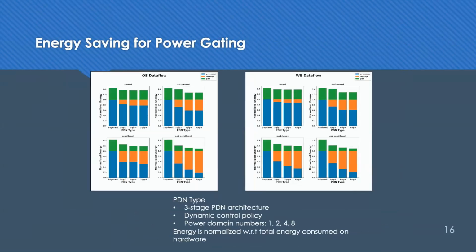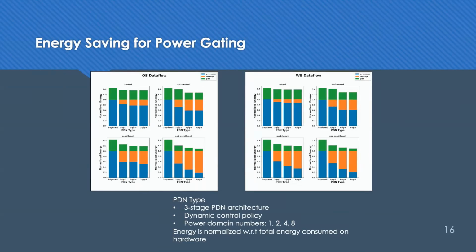Next, we evaluate the additional energy savings brought by power gating. The energy dissipations are normalized with respect to the maximum energy delivered to the accelerator among all PDN schemes for each benchmark. These maximum values correspond to the energy dissipated by the accelerator without power gating.